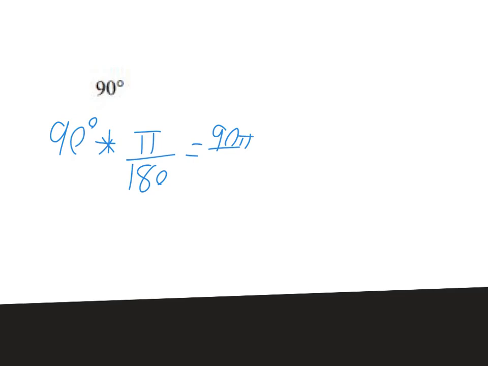90 degrees. Well, we did this one previously from the example, but once more, we have our 90 degrees. We're going to multiply that by pi over 180, which will give us 90 pi over 180. 90 over 180 simplifies into pi over 2.